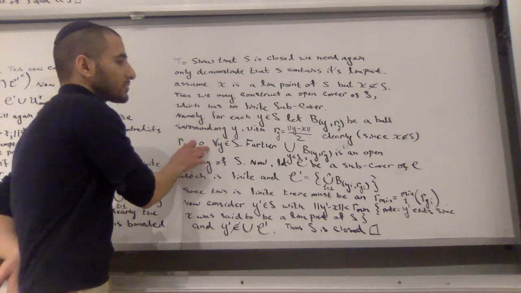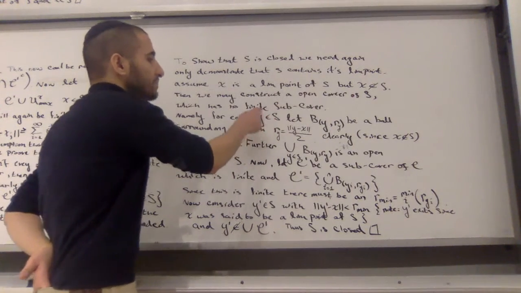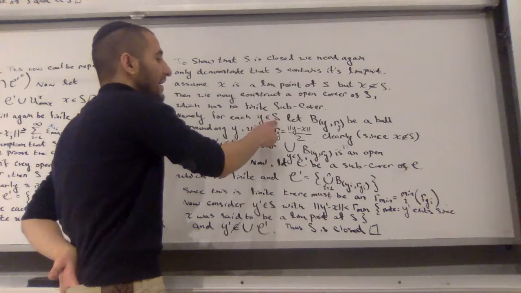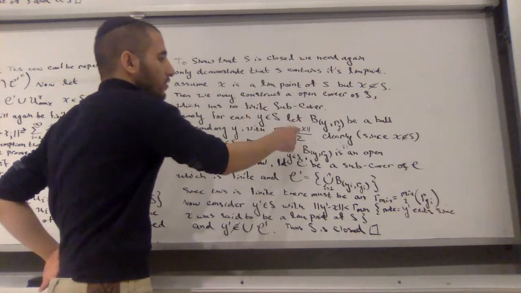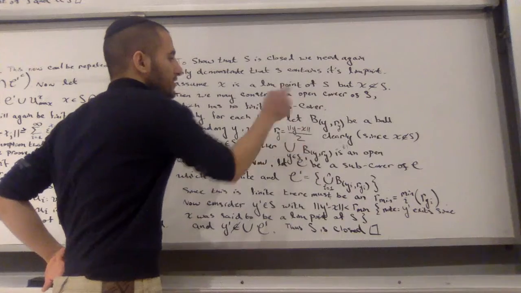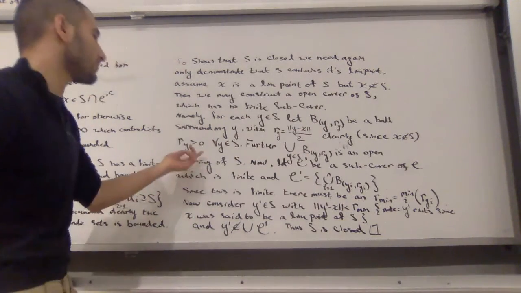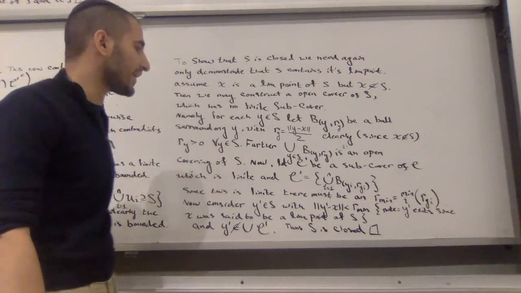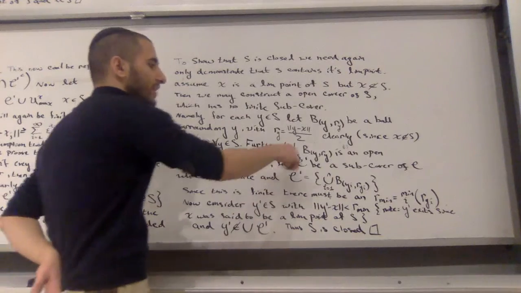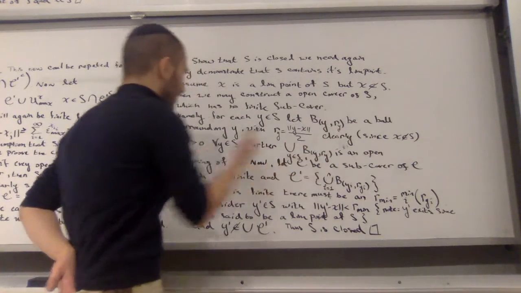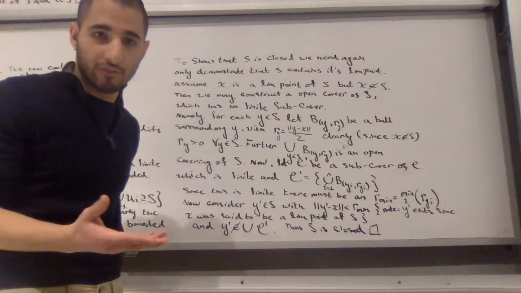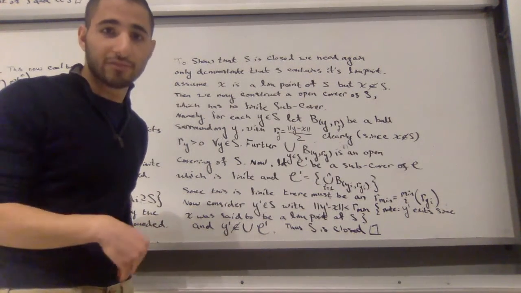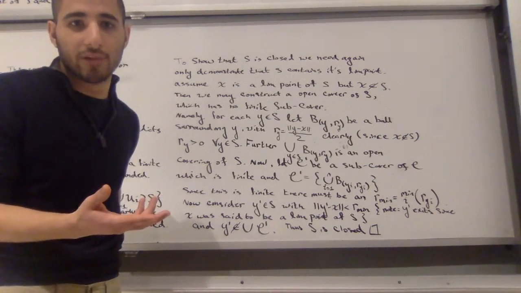Again, the reason is because this is for all y in S. But if we're taking all y in S, and x is not in S, then y can never equal x, and therefore the distance will always be greater than 0, and so divided by 2 it will be greater than 0 as well, for all y in S. Further, the grand union of all of these balls is an open covering of S, simply because we did it for all the values y in S, and therefore we covered everything.